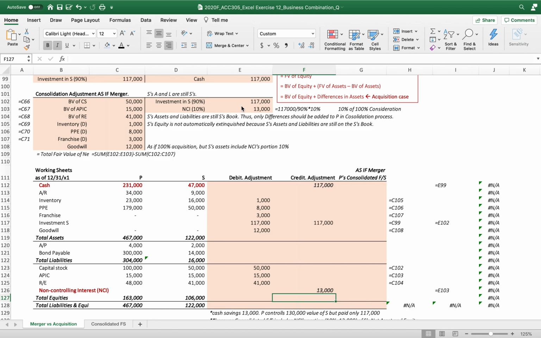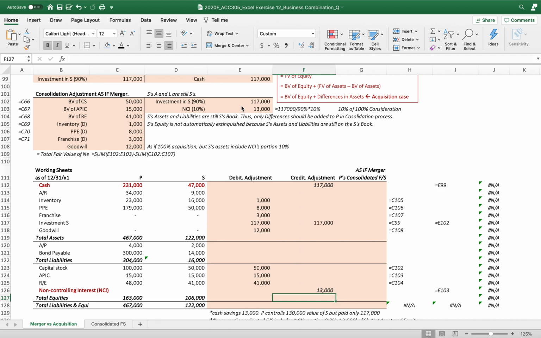Again, we want to present the consolidated financial statement as if a 100% merger. But the P company spent only 90% consideration. But the P company is enjoying the 100% control of the S company, the subsidiary company.